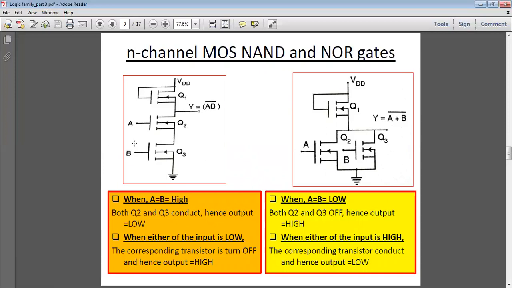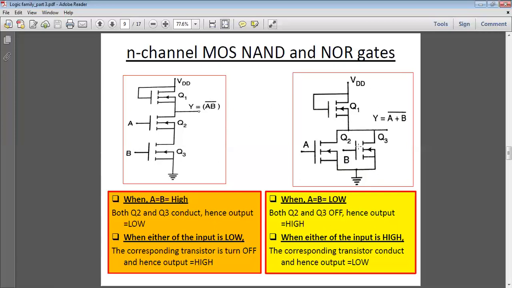If either A or B or both are low, that means either of the N-channel MOSFETs will be off or both will be off, so no current will flow through Q2 or Q3, and output will be high. So this circuit will act as a NAND.